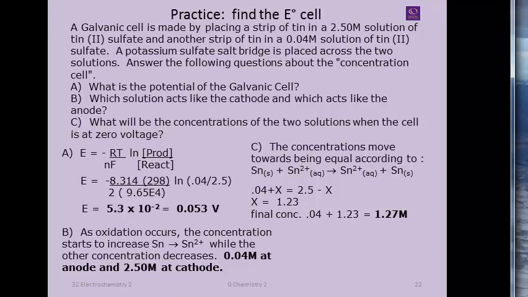So you can set this up and solve: 0.04 plus x equals 2.5 minus x. Solve for x, it ends up 1.23. That is not the final concentration, that's the change in concentration. So you can take 0.04 plus 1.23 or 2.5 minus 1.23, and they both equal 1.27 molar, which is where it's going to end up.